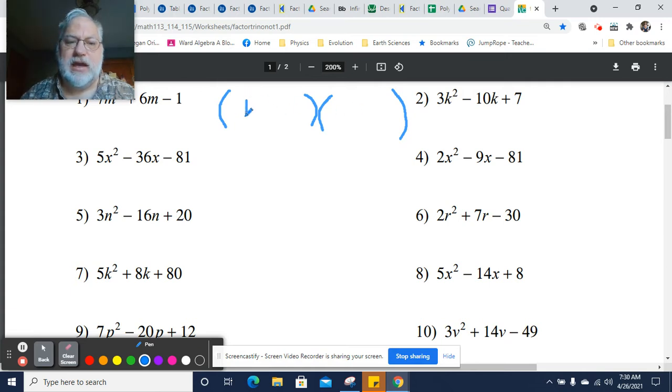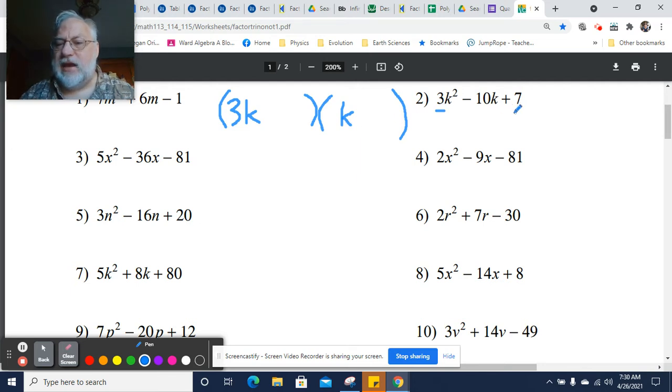So we're going to have a k here. We have to have a k here. We're going to have a k here because we have to get a k squared. Now, since 3 is a prime number, it's a pretty good bet that just one of these is going to be a 3. Okay, so 3k times k will get you a 3k squared.